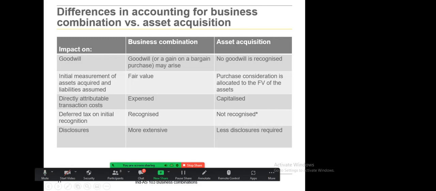Deferred tax on initial recognition is recognized in business combination, but it is not recognized under asset acquisition. Disclosures are more extensive in business combination, but in asset acquisition, fewer disclosures are required.